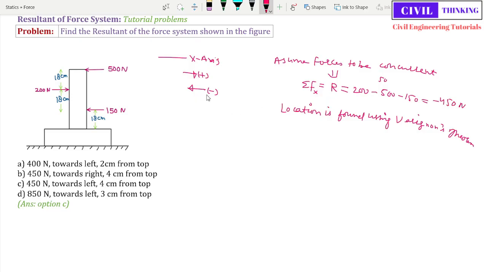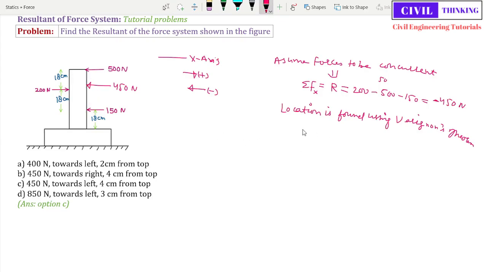Because the forces towards left are negative, and it is a negative value, it means the resultant is towards left, right? So the resultant is somehow like this, it is 450 Newton. But where is this force? Is it here? Is the resultant here, or is it here? We don't know. We'll find the location with the help of Varignon's theorem.